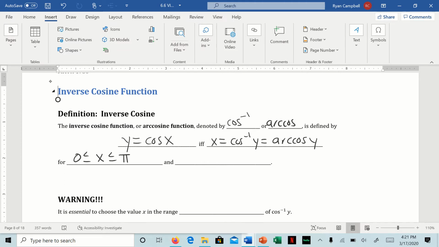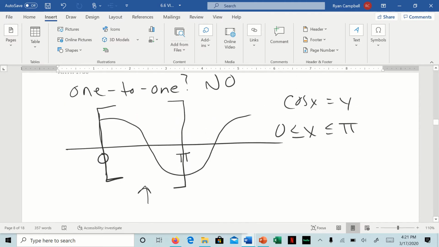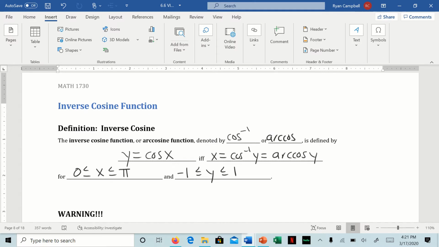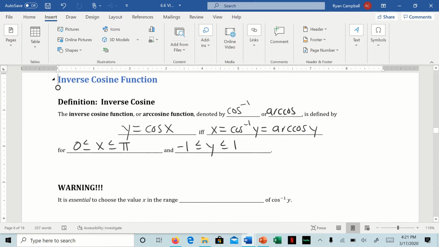What about y? Well, for the y values for cosine, how high up and down does it go? Just 1 and negative 1, right? So y just needs to be between negative 1 and positive 1, and we are including all of these values. That's totally okay. That's why I put this. It's super important. You need to know this for the test. So x, if it's in the range of the inverse function, needs to be between 0 and pi.